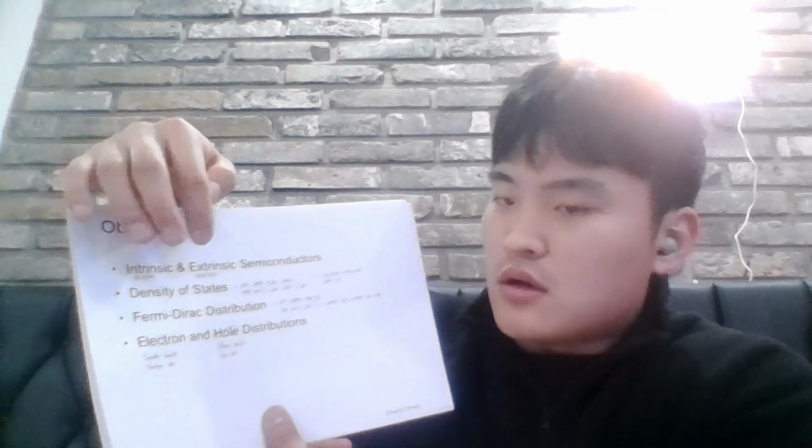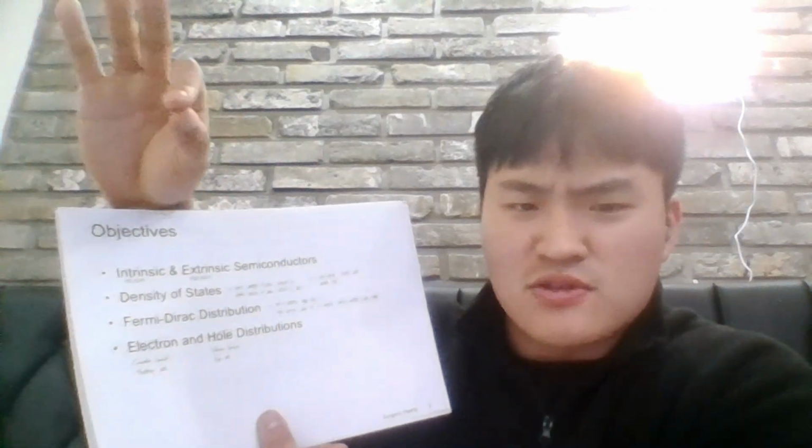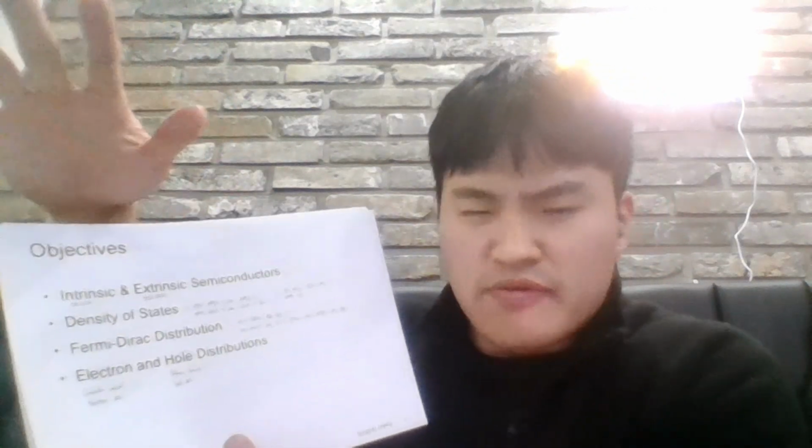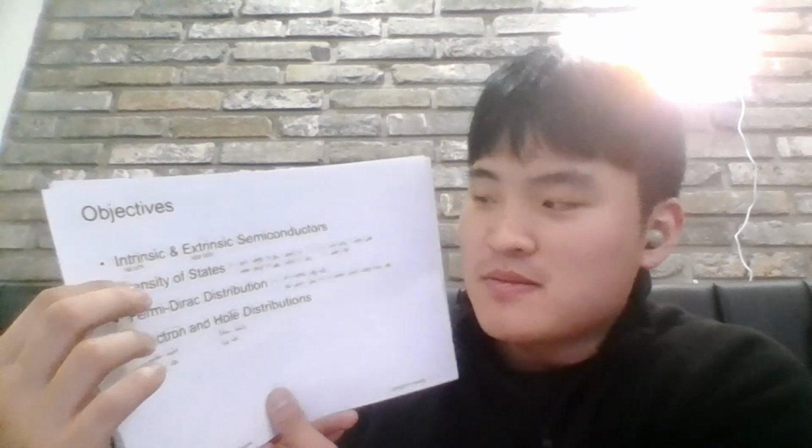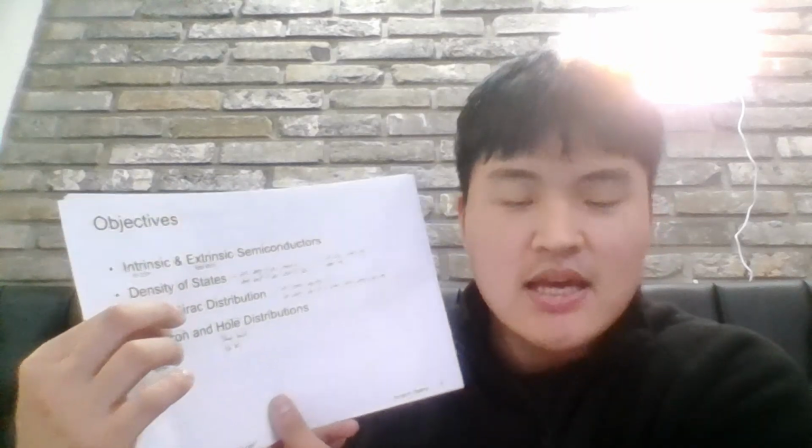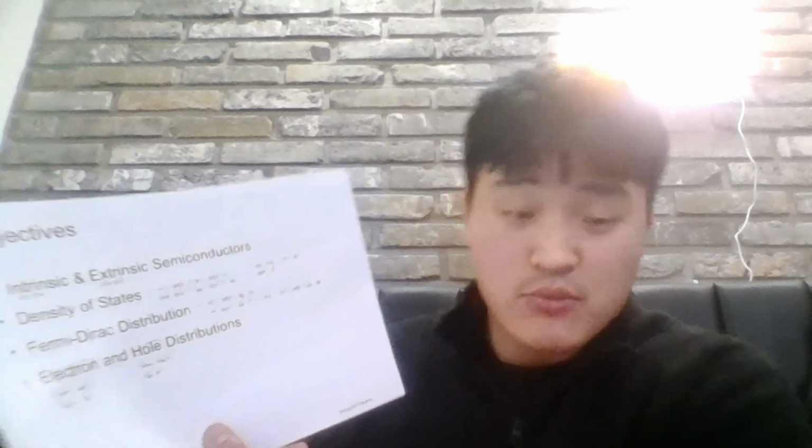So I think I used that so many times, but never mind. So for density of states, we're gonna multiply the density of states by the Fermi-Dirac distribution, and we're gonna integrate that multiplication. Then we can get the carrier concentration, and if we can get the carrier concentration, we can calculate the carrier current.